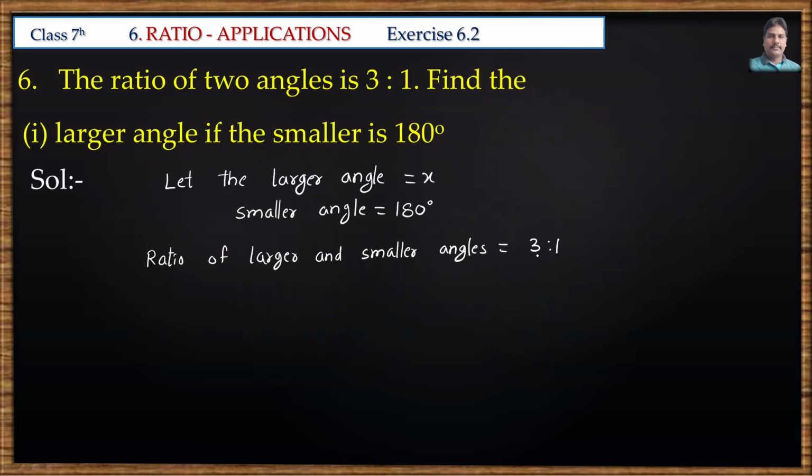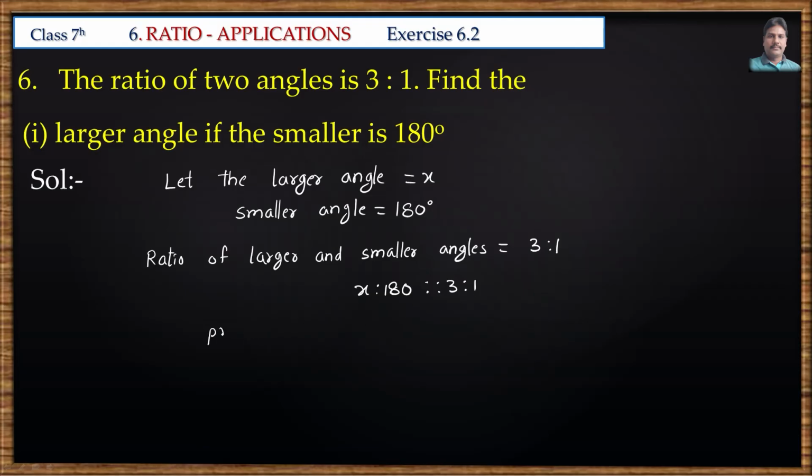Here 3 is larger and 1 is smaller. But here the larger angle is x and the smaller angle is 180. So the ratio x is to 180 is proportionate to 3:1.